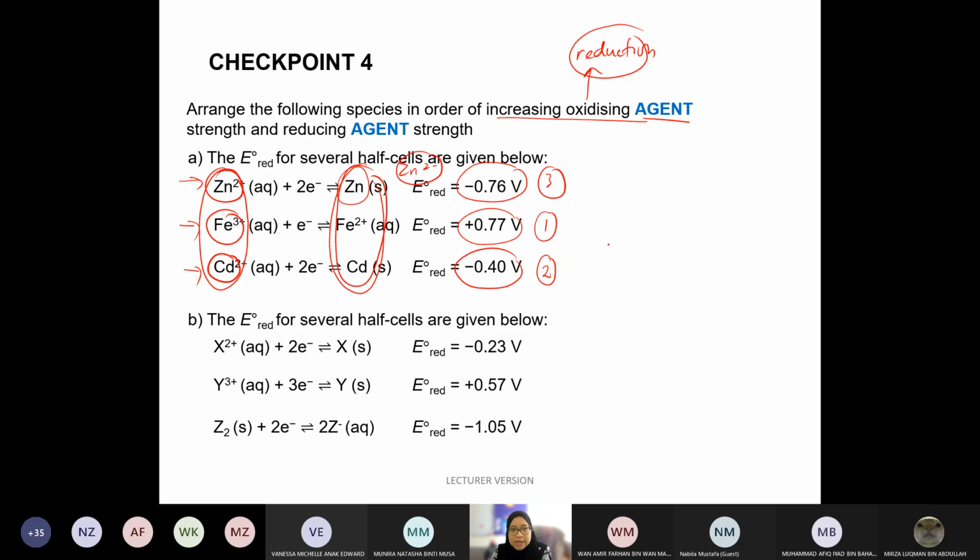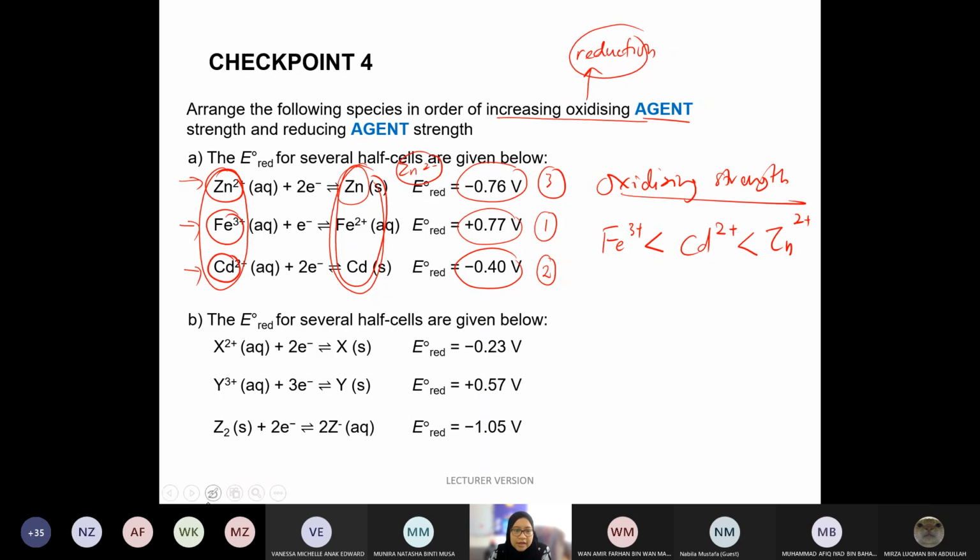So we would have Fe3+, then Cd2+, followed by Zn2+. This is in terms of oxidizing strength. There is a heading above.